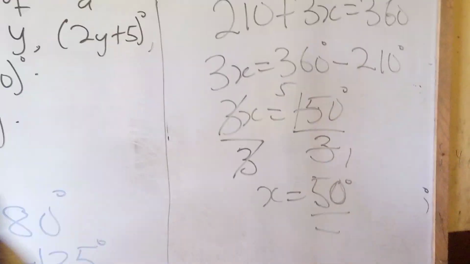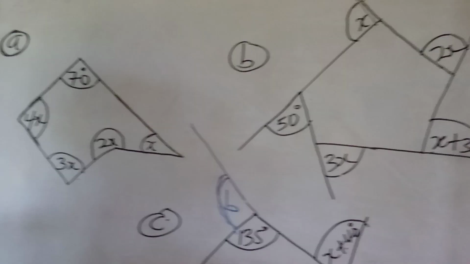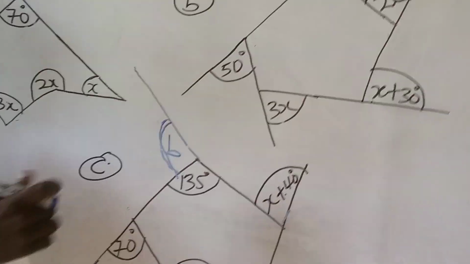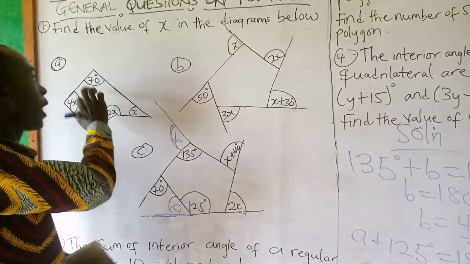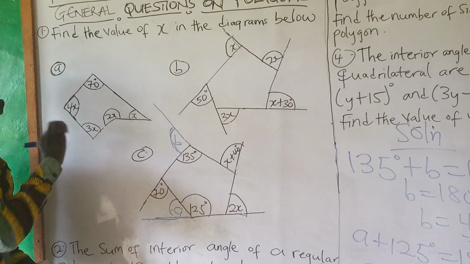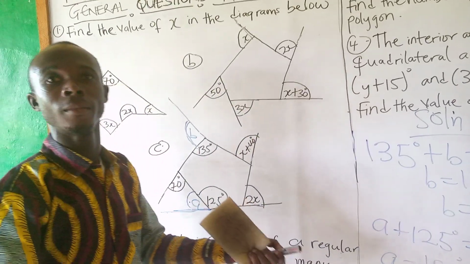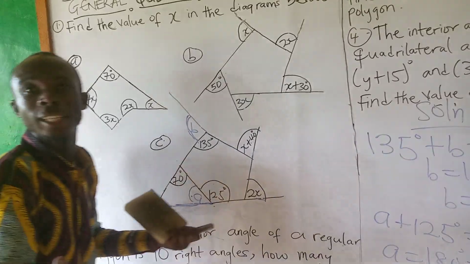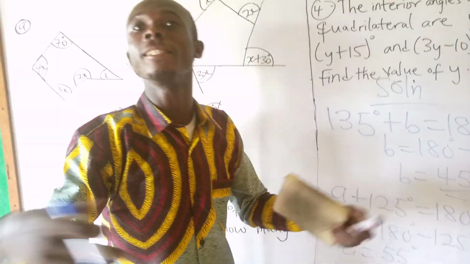So always take notes. When you are given interior angles, you must first find your sum of interior angle, and after that, you sum up the interior angles and equate it to the sum of interior angle. This one too, they gave you only exterior angles, and we know exterior angles sum up to what? 360 degrees.